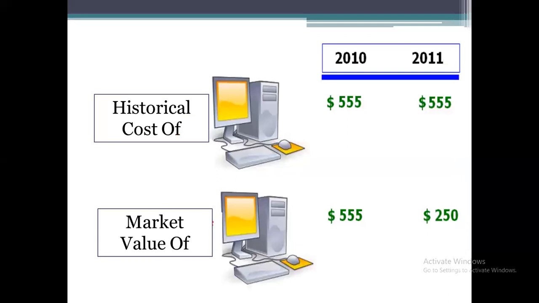In this case, the market value is 250, but as per this concept, because I'm recording everything at cost, I will just reduce the depreciation part. I will not go to the market value. I hope I'm making sense.